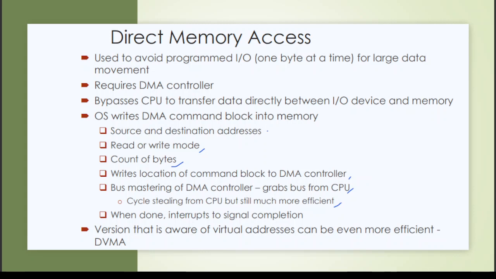When the data transfer is done, it interrupts to signal completion. We send an interrupt signal that shows that we have completed the data transfer, and the control of the data bus is returned to the CPU automatically.